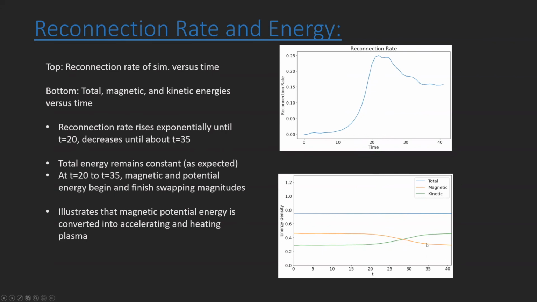That finishes about t equals 35, and since both of these timestamps line up, we can illustrate that the magnetic potential energy is being converted into kinetic energy. And this process is slowing down reconnection since the magnetic energy is not becoming as strong, and the kinetic energy is in fact accelerating and heating the plasma as the magnetic energy is being converted into kinetic energy.